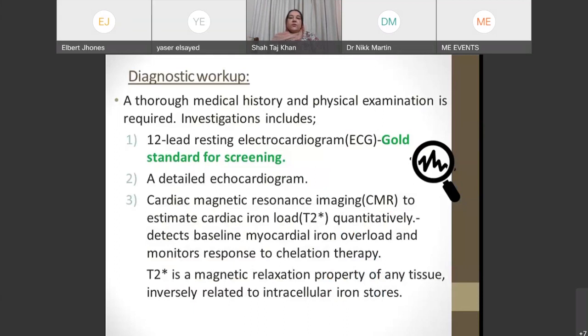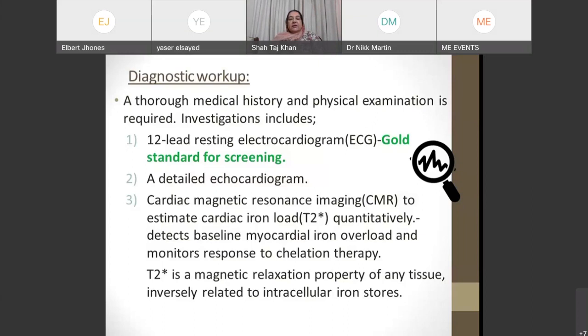Now I'll go through the diagnostic workup from the cardiology point of view. A thorough medical history, as I said, has similar features as in any cardiac failure, that is shortness of breath, easy fatigability, and chest pains. The gold standard for screening is a 12-lead resting ECG, which is properly read by the cardiologist and the ECG consultants.